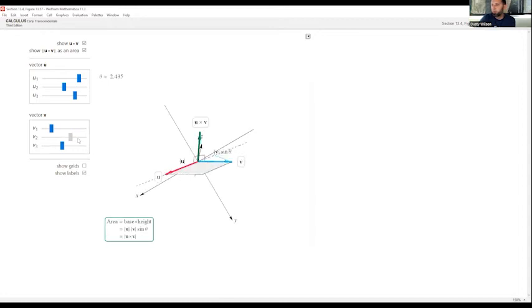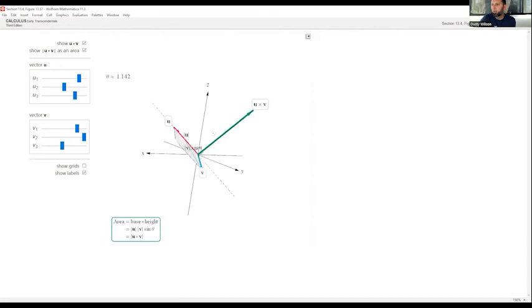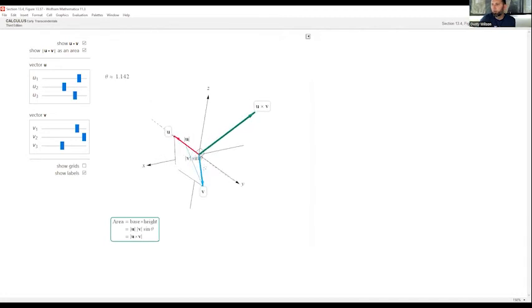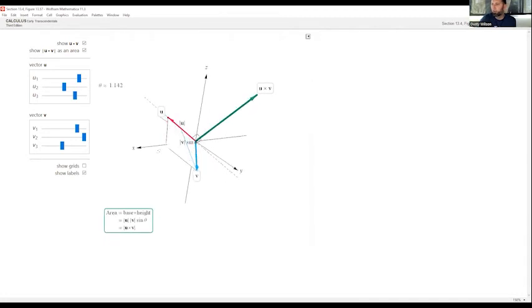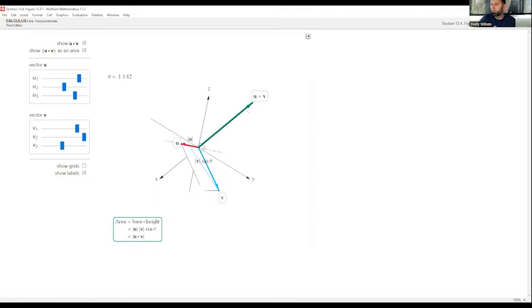But notice also that the bigger the parallelogram that's formed by the red and the blue vector, the longer the green vector is. The length of this green cross product vector represents the area of that parallelogram that's formed by the U and the V, or the red and the blue vectors.